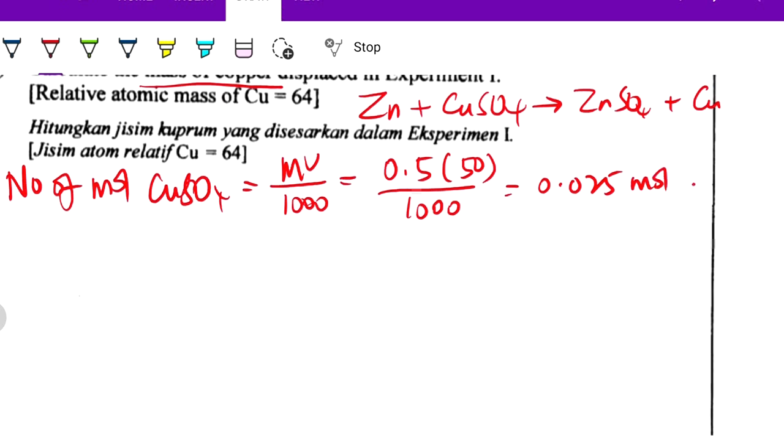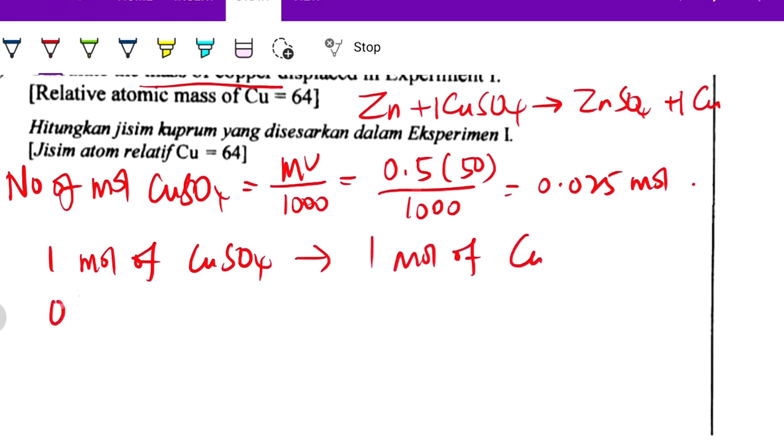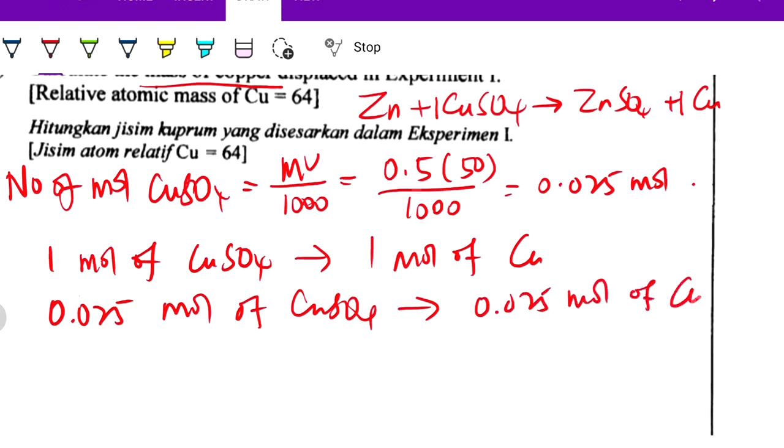Now we compare the number of moles: 1 mole of copper 2 sulfate to 1 mole of copper. So the mole ratio will be the same. 1 mole of copper 2 sulfate produces 1 mole of copper, so 0.025 mole of copper 2 sulfate produces 0.025 mole of copper.